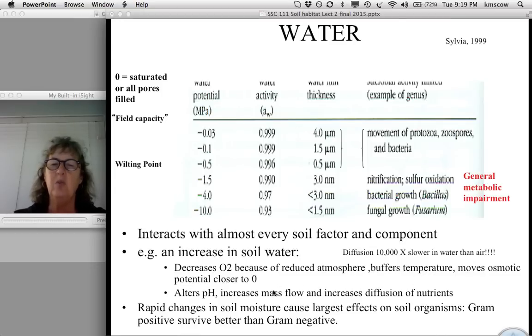Also, increasing water can alter pH, again diluting the protons. It can increase mass flow of solutes through the soil pores and increase the diffusion of nutrients. And we looked at that before. You remember when we were looking at a soil aggregate and thinking about the path that a nutrient has to take to get from one spot to another.